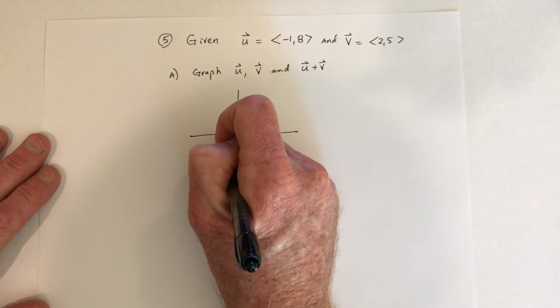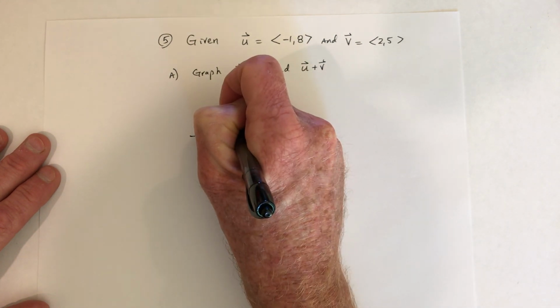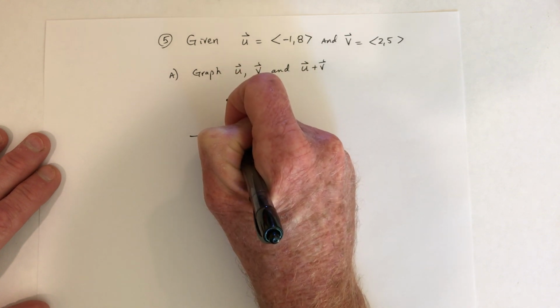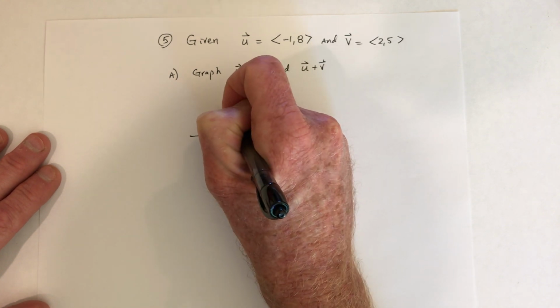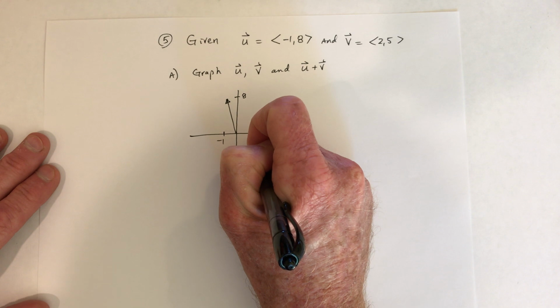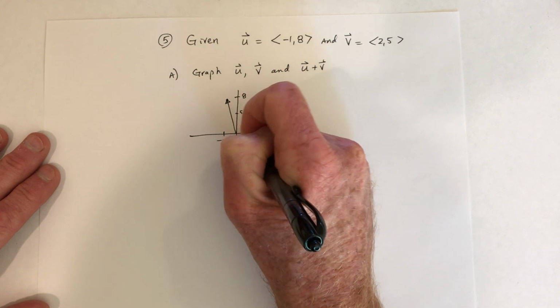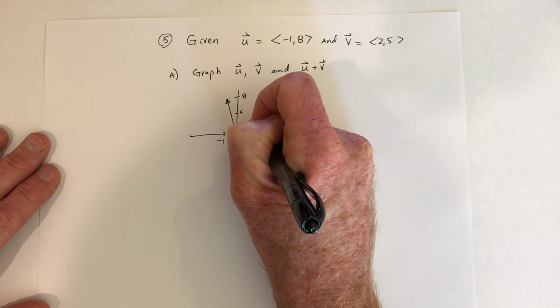So for the u, that would be -1, 8. So that, let me just put a little dot right there and then draw an arrow to it. So that is vector u. For v, go over by 2 and up by 5, put a dot, and then draw an arrow to that one.